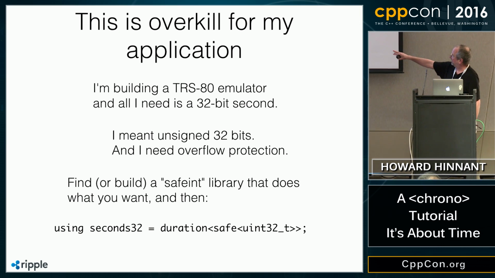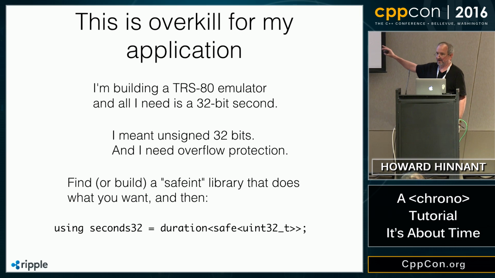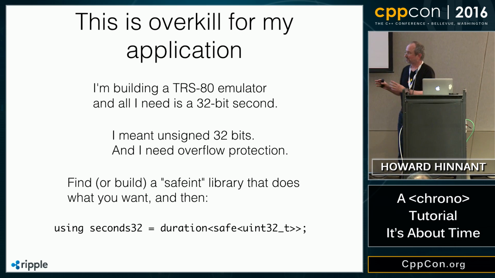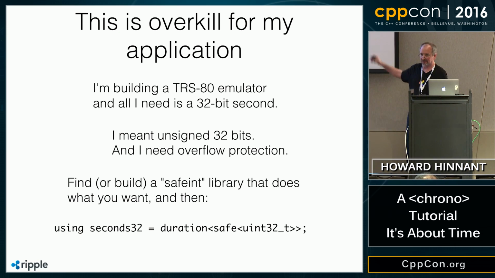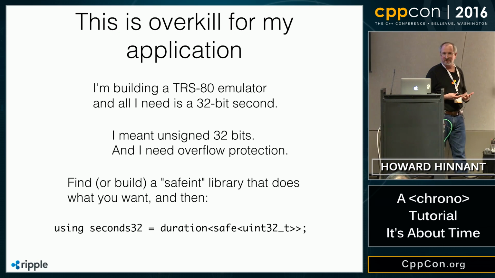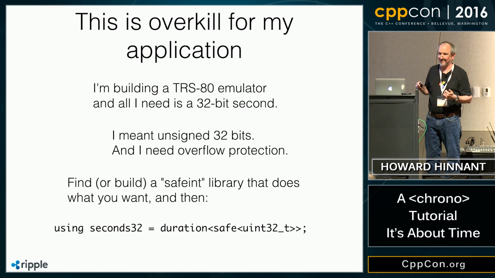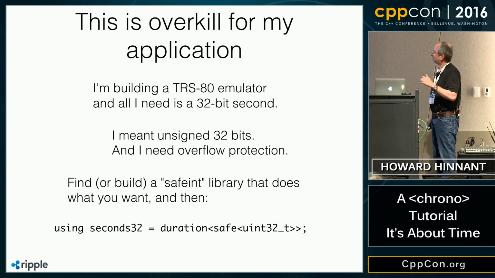You can wrap your int32 up into whatever safe int library you want and pass that in as the representation, and Chrono will still deal with it. All the arithmetic it'll do on this safe int32 type. So there's a lot of flexibility here. You can pass almost anything you want into Chrono as a representation. And as long as it's emulating an arithmetic type, it'll just work.